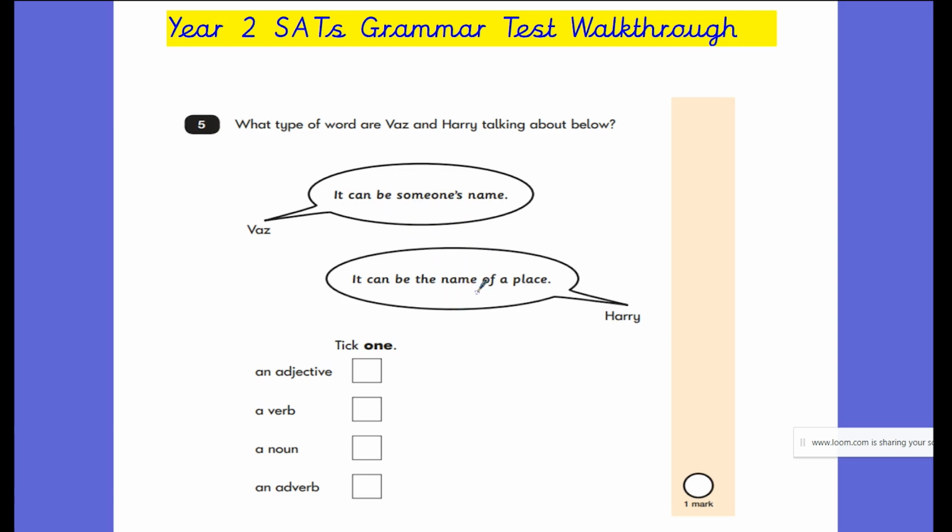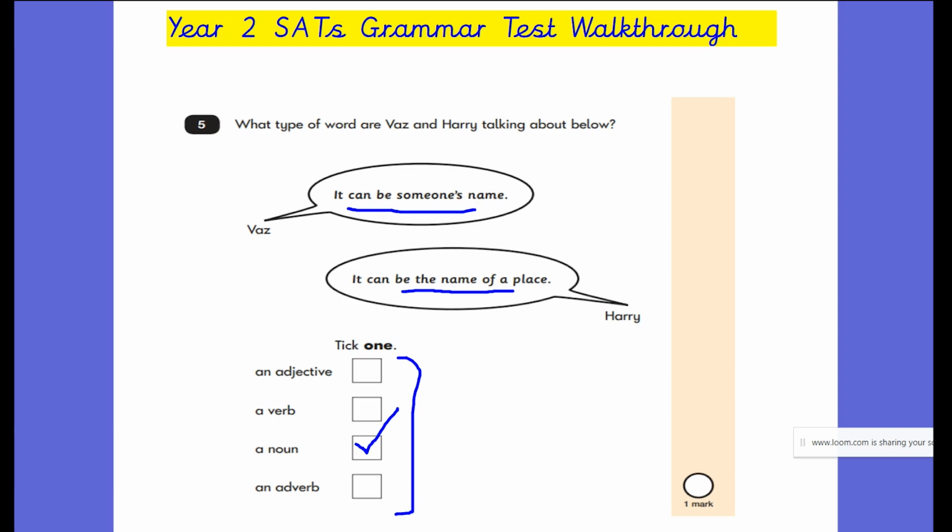So I like this question. So Vaz is saying it can be somebody's name, and Harry is saying it can be a name of a place. So what type of word, this is a word class question, can be somebody's name and be a name of a place? Well, we always teach the children that names are nouns. So a correct answer for that one would be a noun.